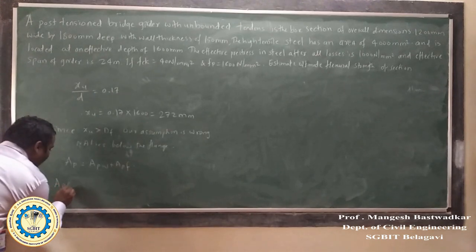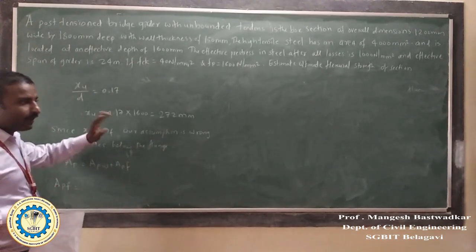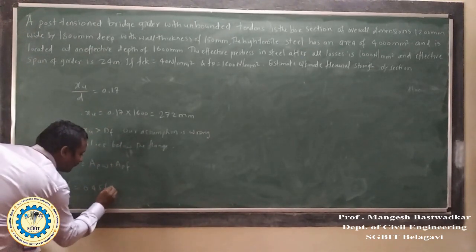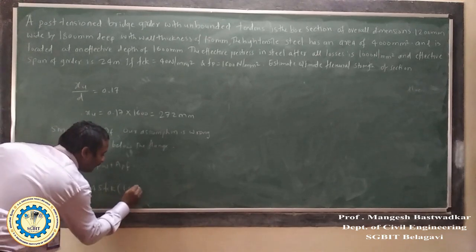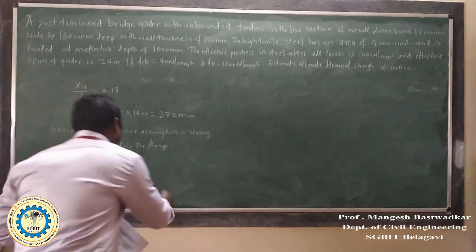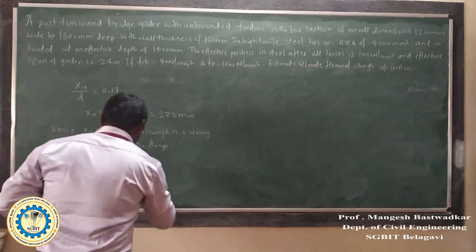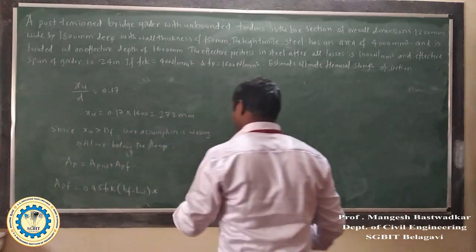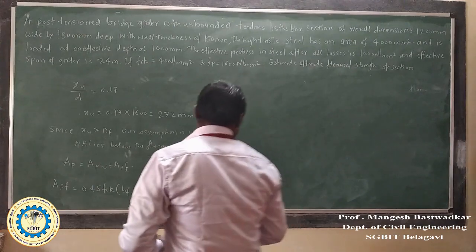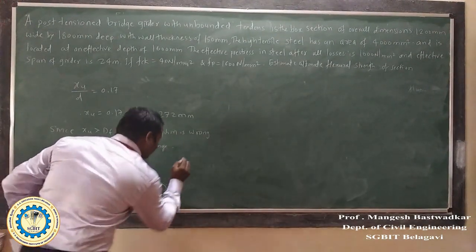The stress in the concrete at top extreme fiber is 0.45 FCK into BF minus BW into DF, divided by FP.